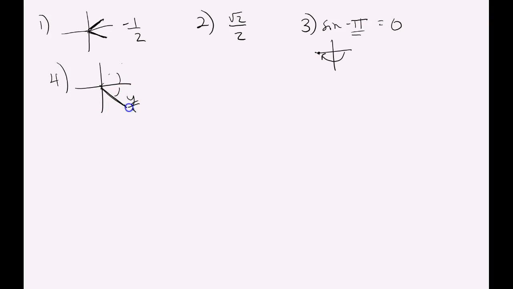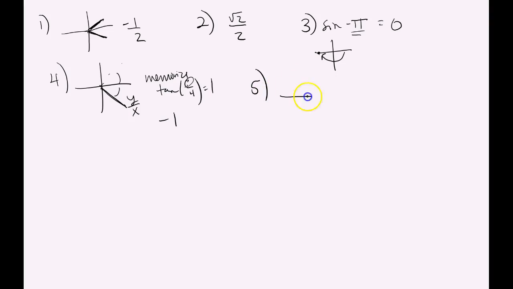So we want to do the y over the x down here. Now, I highly recommend that you memorize the tangents of all the over 4s. No matter what it is, over 4, it doesn't matter, it's going to be 1, and then you just have to decide, is it going to be positive 1 or negative 1? And since you're in this quadrant, it's going to be negative 1.